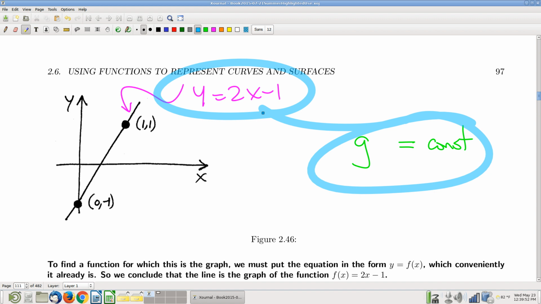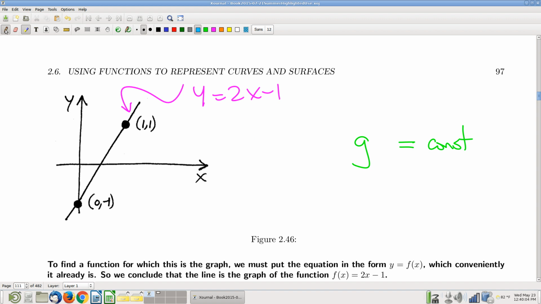But of course, keep in mind, I don't need them to be typographically identical. I just need them to be equivalent. In other words, identical in meaning. And notice that you could, for example, take this algebra here and rewrite it as y minus 2x plus 1 is equal to 0.